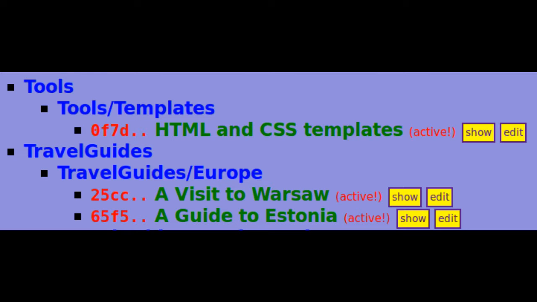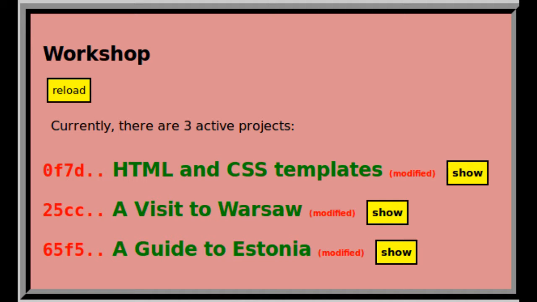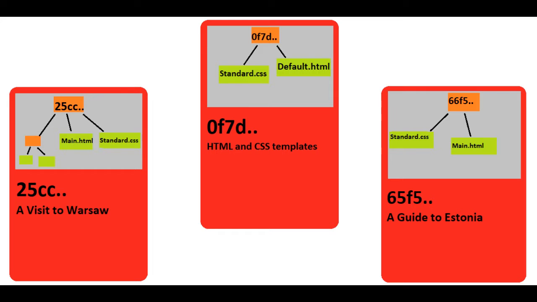We have 3 projects, and this is how it looks in the archive: 2 travel guides and 1 for the default templates. All 3 projects should be active, so we have at least these 3 projects in the workshop. The project 0F7D, standard.html and CSS templates, has two files, the style sheet standard.css for all other projects and a default.html file, which is the default blueprint for every main HTML file in any travel guide project.